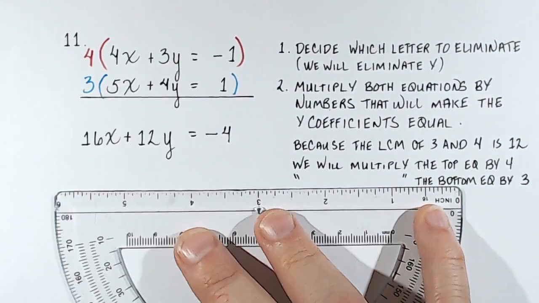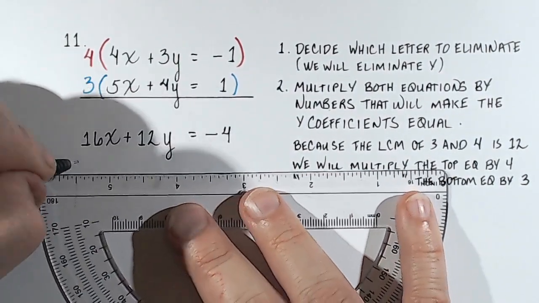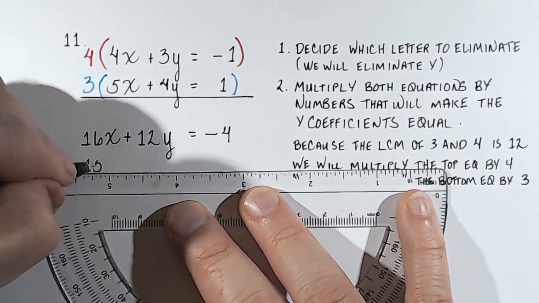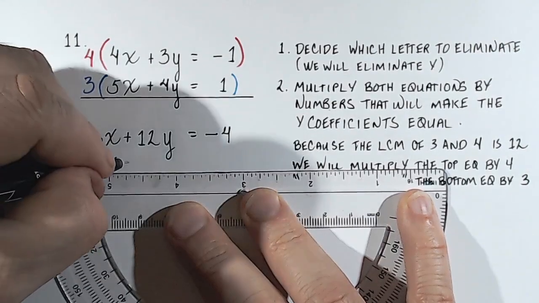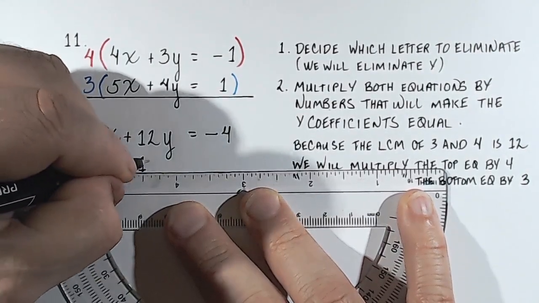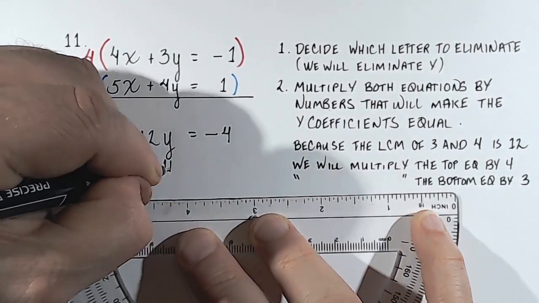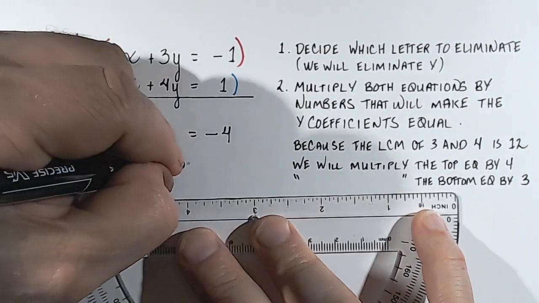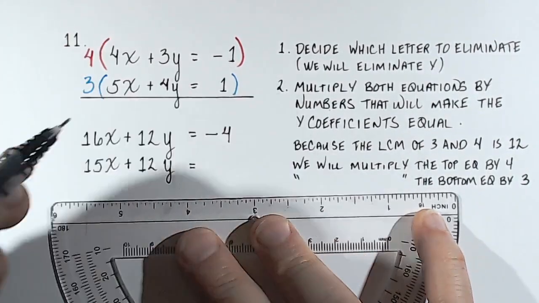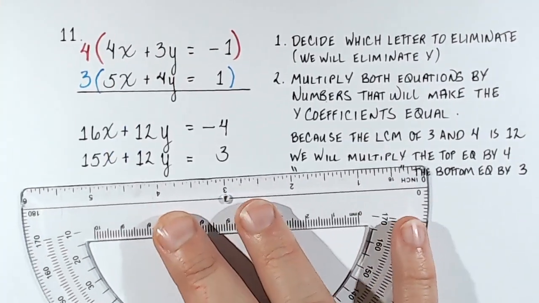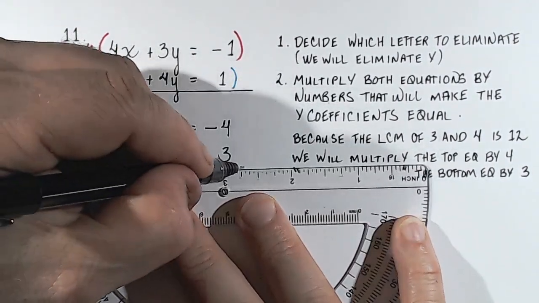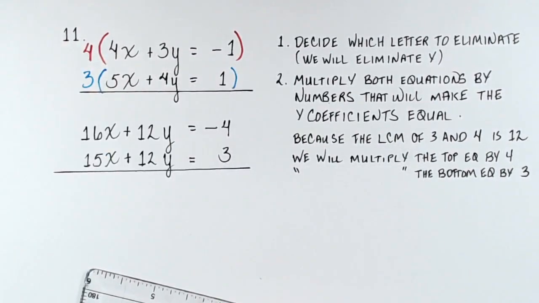I've got 3 times 5x, which is 15x. I've got 3 times 4y, which is positive 12y. And that's equal to 3 times 1, which is positive 3.